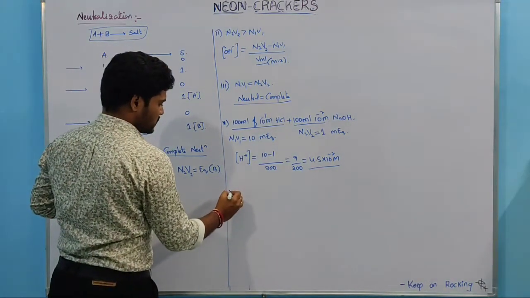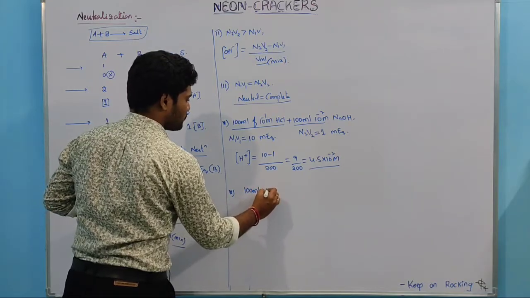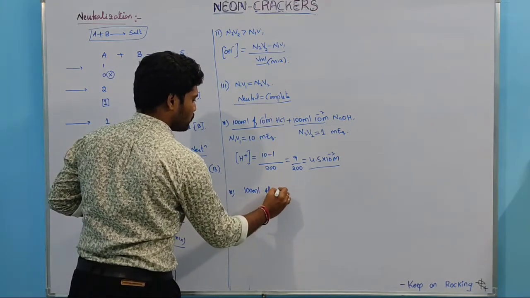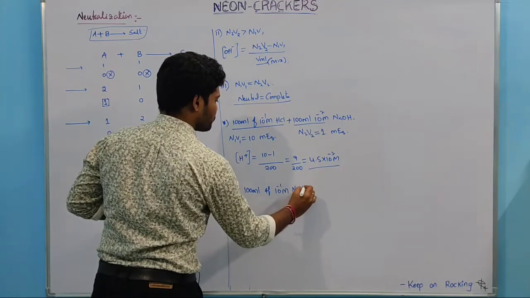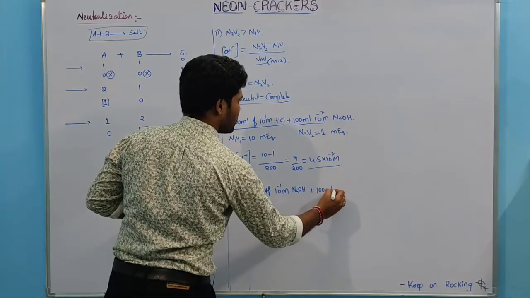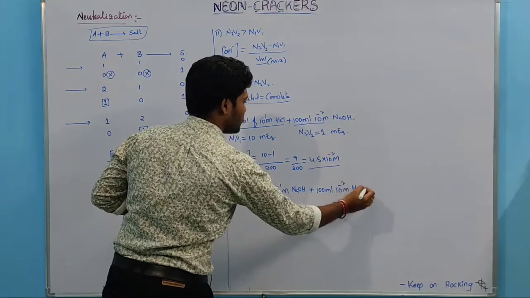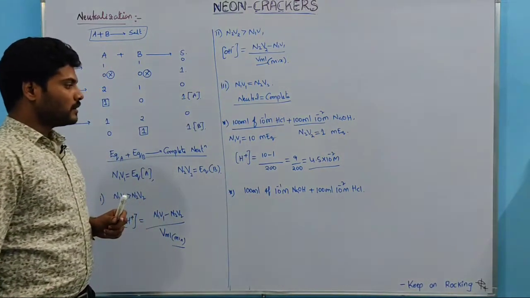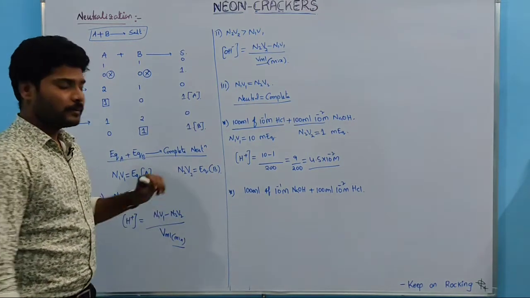Now if you interchange the values, so 100 ml of 10 to the power of minus 1 molar NaOH is titrated against 100 ml of 10 to the power of minus 2 molar HCl. So what is the nature of the mixture? Either acidic nature or basic nature.